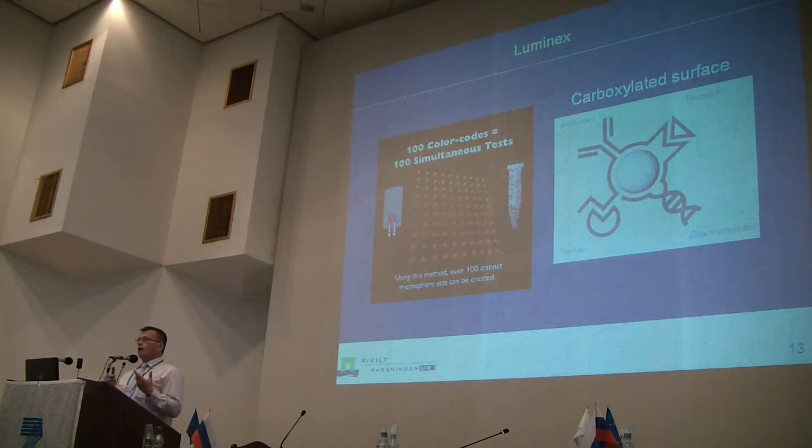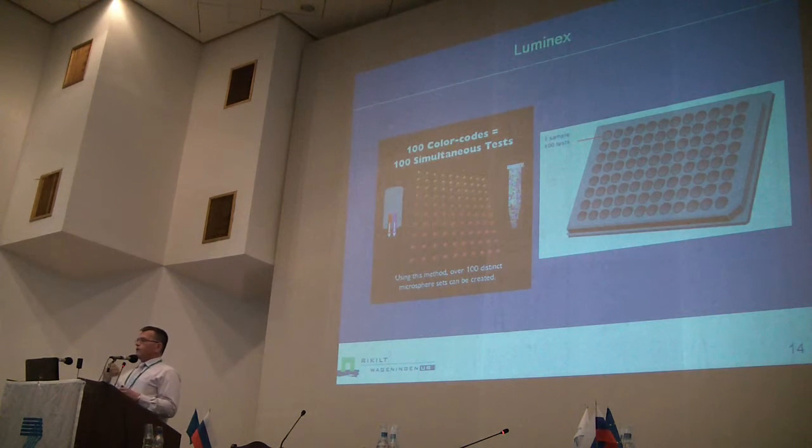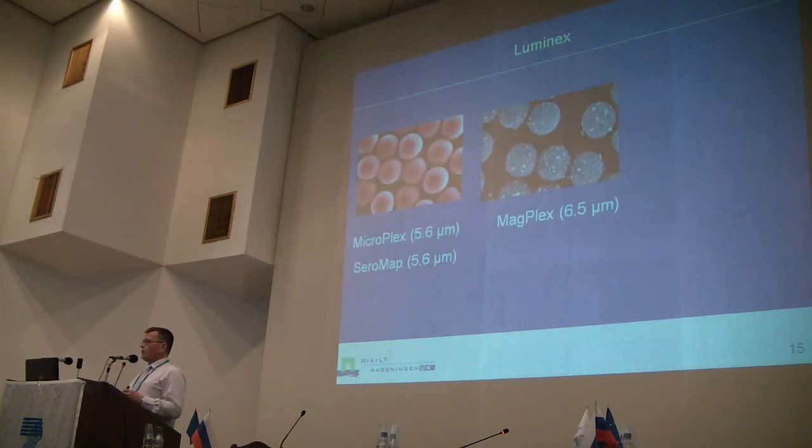On these beads there are carboxyl groups, just as in the Biopro machine. And on these carboxyl groups, you can immobilize antibodies or cells or whatever. So when you compare it with ELISA, in ELISA you do one test per well. In principle, in this machine you can do 100 different tests per well. They have different types of beads.